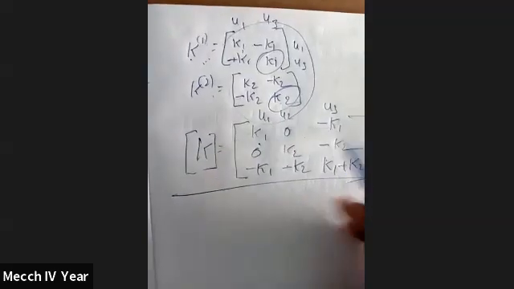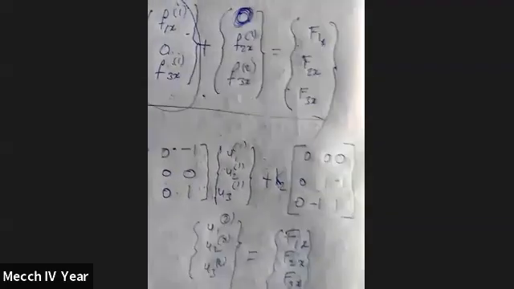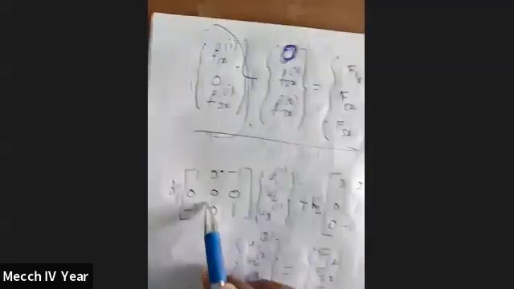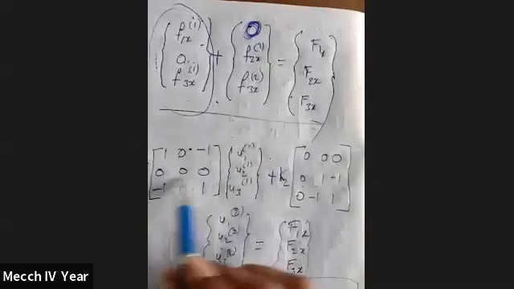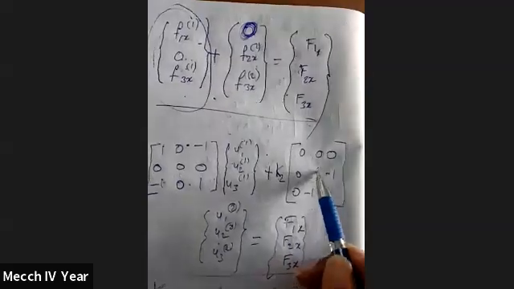Then minus K1, minus K1, like that. Here 0 and 0. But here there is 0 in one and in the other, so adding both, where 1 is there, that means K2 is acting here.